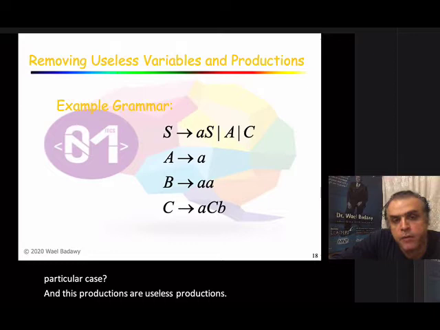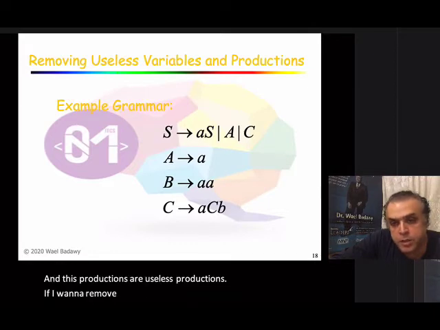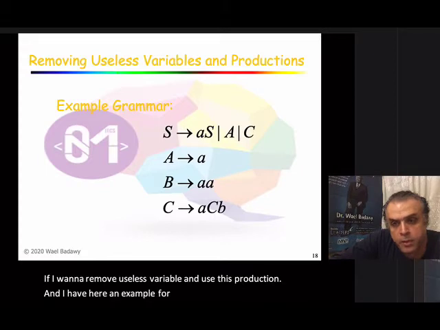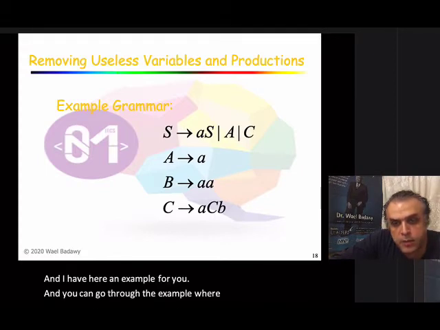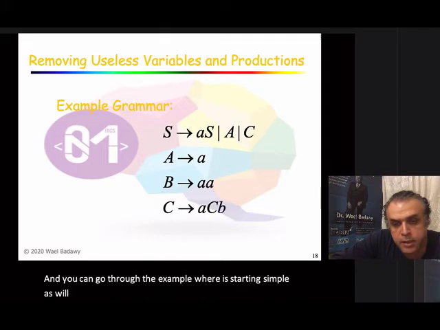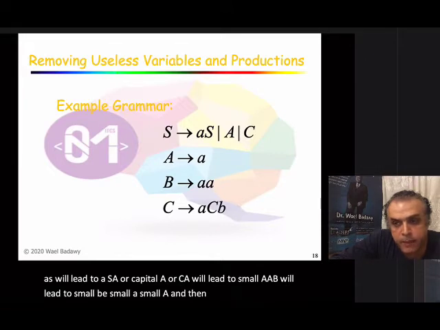If I want to remove useless variables and useless productions, I have here an example for you, and you can go through the example where the starting symbol S will lead to aSA or A or C, and A will lead to small a, B will lead to small b, small a, and then C will lead to aCB.